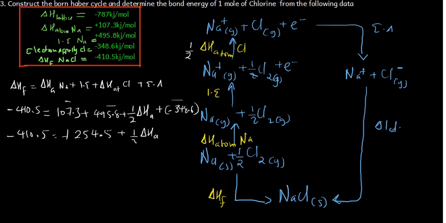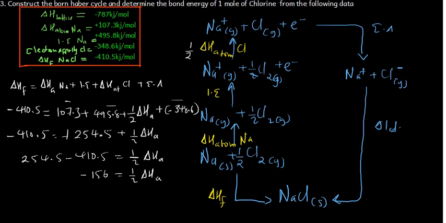Okay, and so what we are going to do is take this value to the other side, and so that is going to give us 254.5 minus 410.5, that is going to be equal to half enthalpy of atomization. So 254.5 minus 410.5 gives negative 156, that will be equal to half enthalpy of atomization.